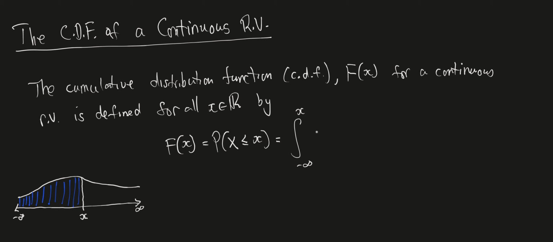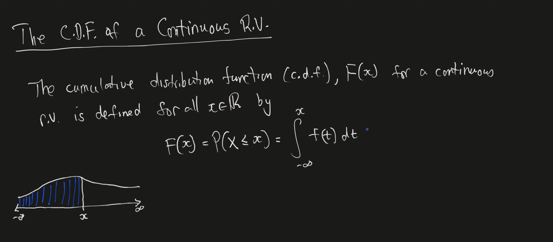So as we do in the fundamental theorem of calculus, when we're defining those area functions, because that's exactly what this is, we switch to a dummy variable or placeholder variable, and I'm going to use little t here, dt. So this is the definition of the CDF.